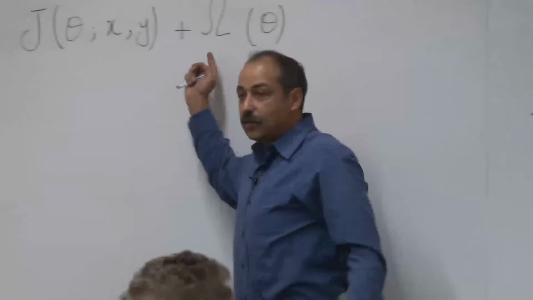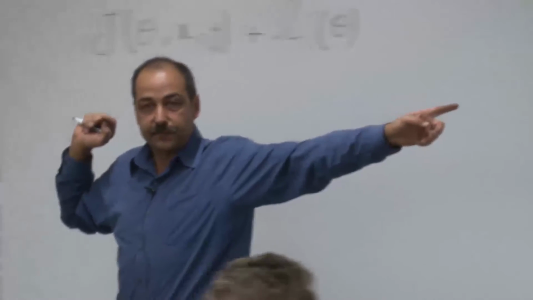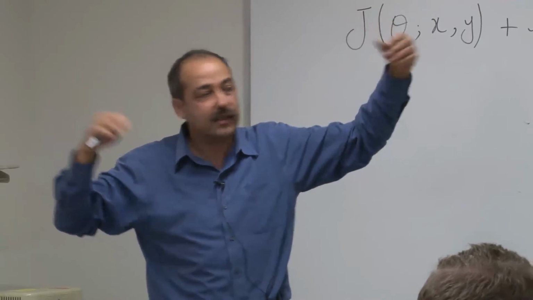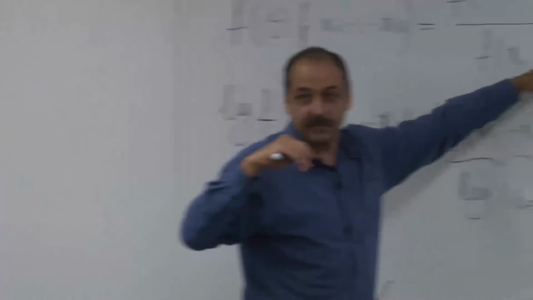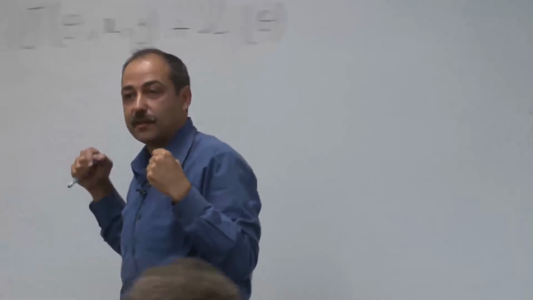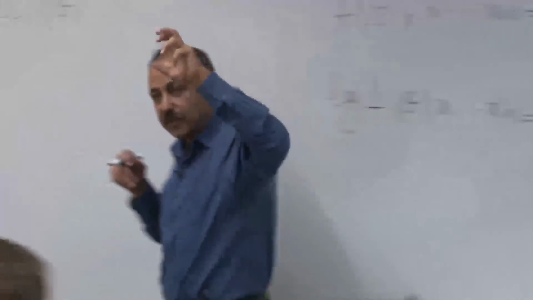If you penalize your objective function with L1, it's like having a Laplacian prior over your parameters. But some of the penalties that we have are not exactly priors. So basically, we can view regularization from the Bayesian point of view as well. Any question? Okay.